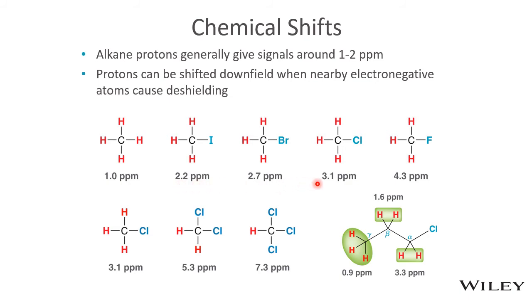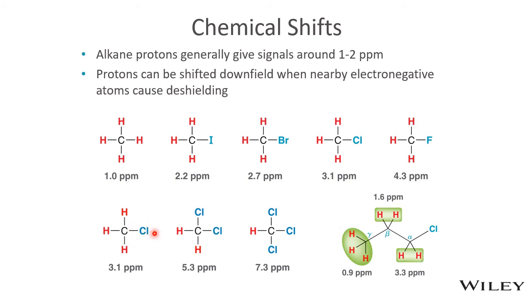Now, skipping all the way up to fluorine. Fluorine is the most electronegative atom. With fluorine, we have such a pull of the electron density towards the fluorine atom that we see a huge shift in the chemical shift to about 4.3 ppm. Now, the number of atoms can also influence the change in the chemical shift.